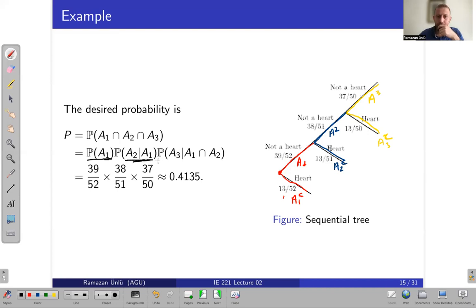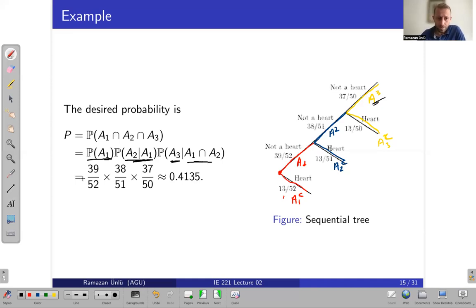This is the second term we will calculate. And let's look at the last one, this part. That means A1 and A2 have occurred, and this information is given to us. We are given that A1 and A2 have occurred, and what is the probability of A3? So simply the probability of A3, given that we know A1 and A2 have also occurred.